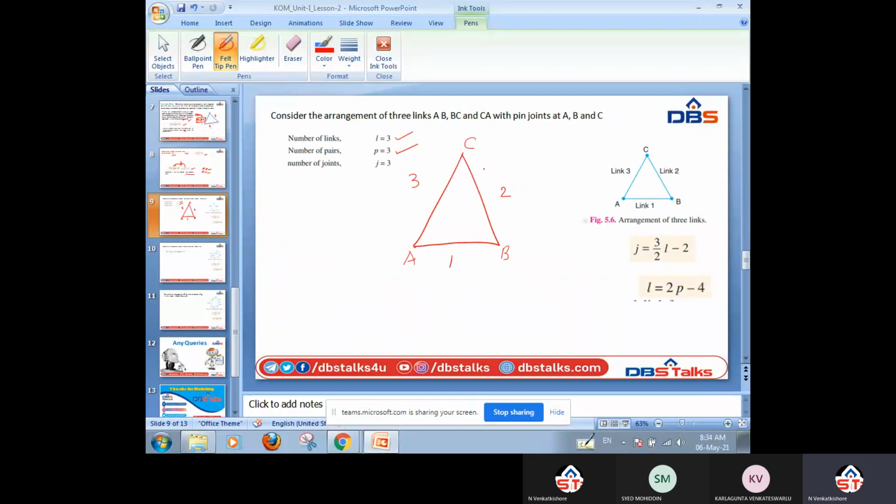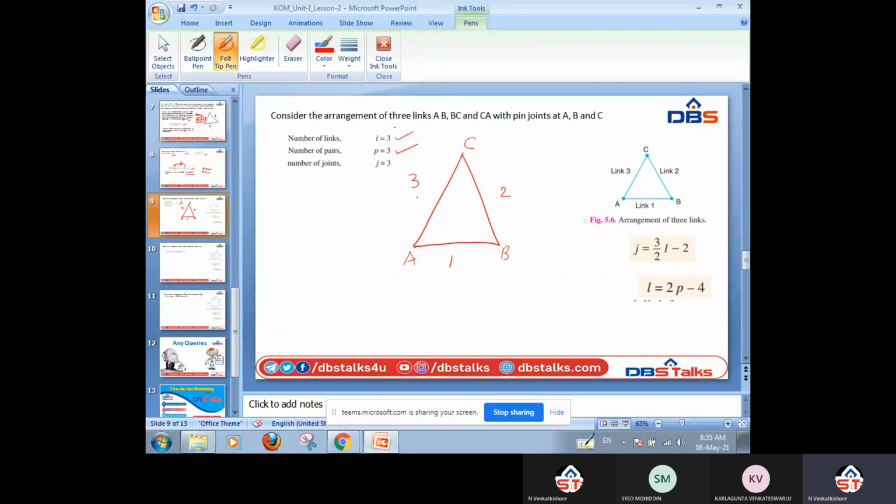We can observe that however many links are there, that many pairs will be there. Here 1, 2, 3 links are there. This is easy to understand the relation between links and pairs. So no need to worry about the number of pairs and the number of links. If you count the number of links, the same number of pairs will be there.